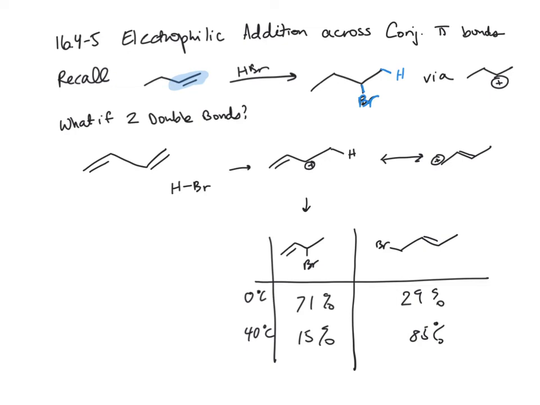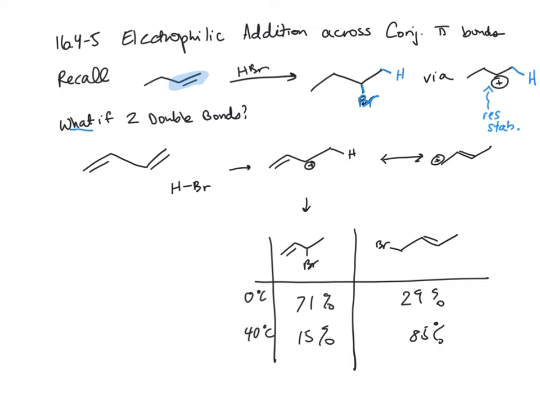That's because in the first step, when the pi bond picks up a proton, it has to leave behind a carbocation, and that carbocation is better resonance stabilized at the secondary carbon in this case versus that primary carbon.